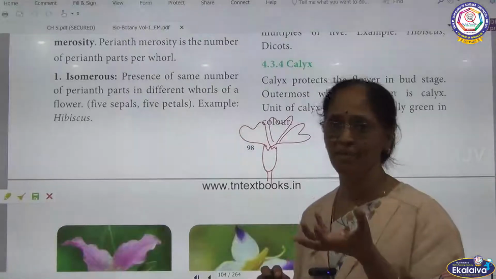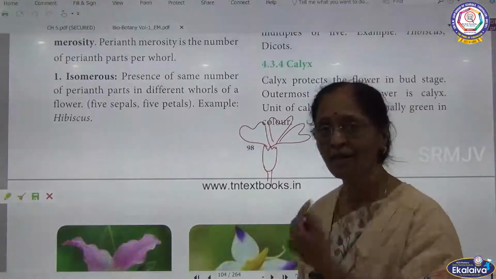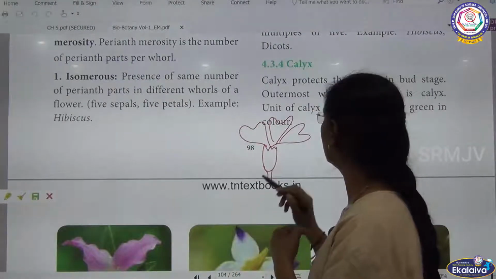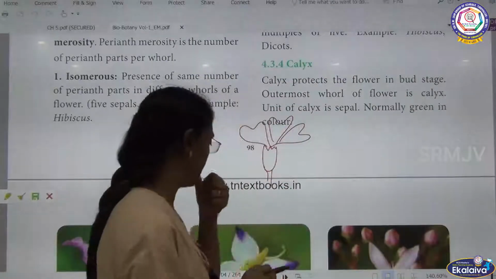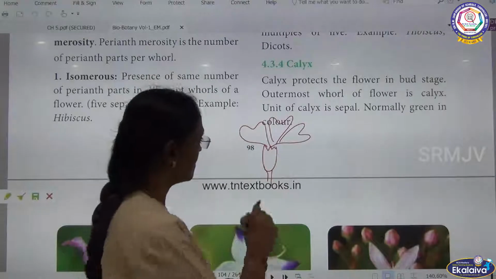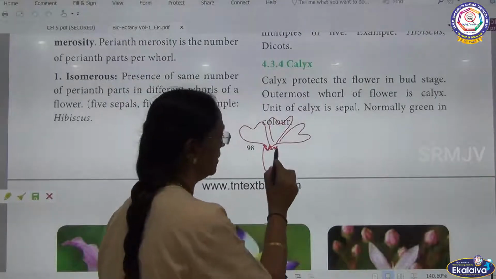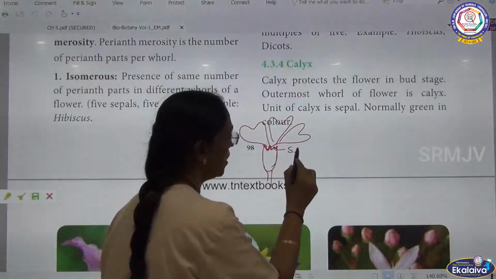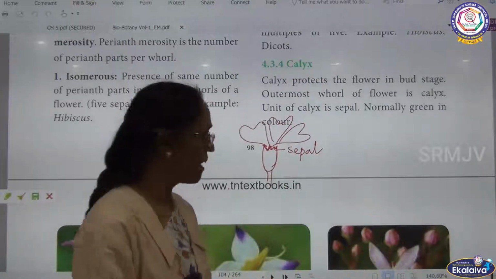The calyx protects the flower in the bud stage, and it is the outermost whorl. And this calyx is normally green in color. This is the calyx, which you call a whorl, and each member you call a sepal.